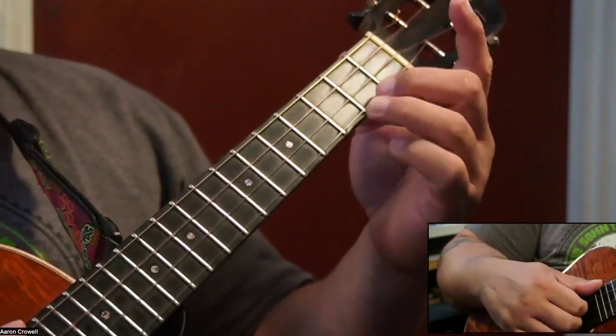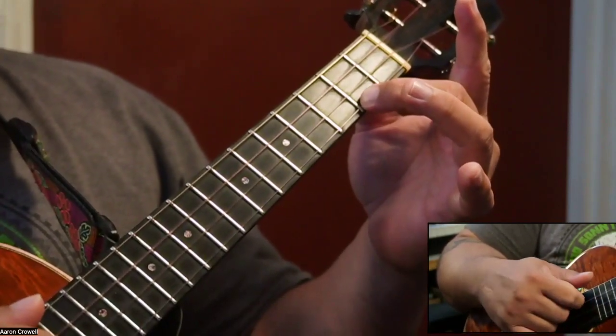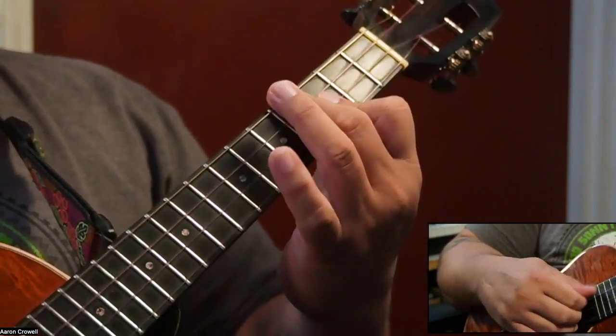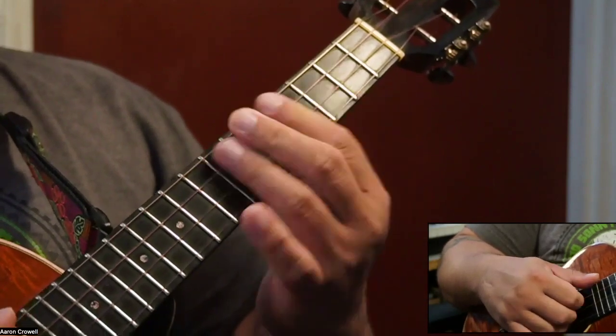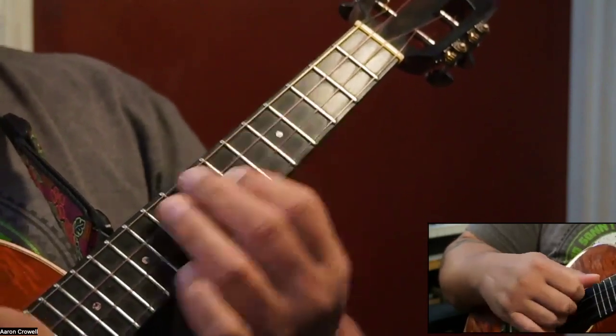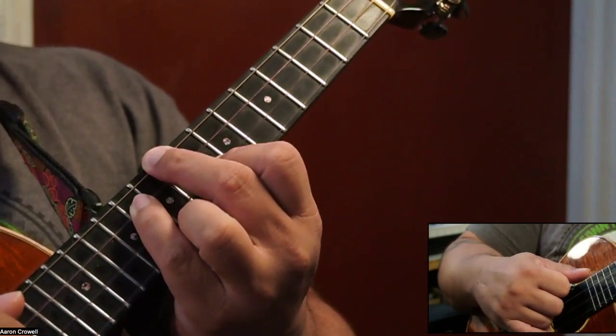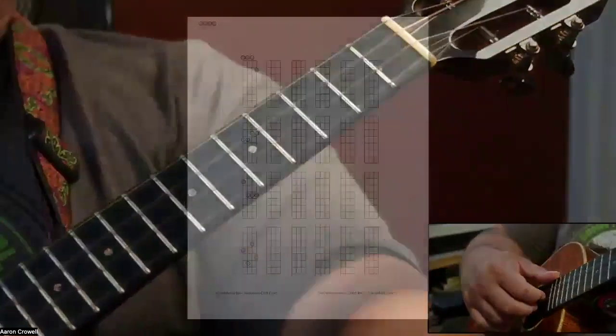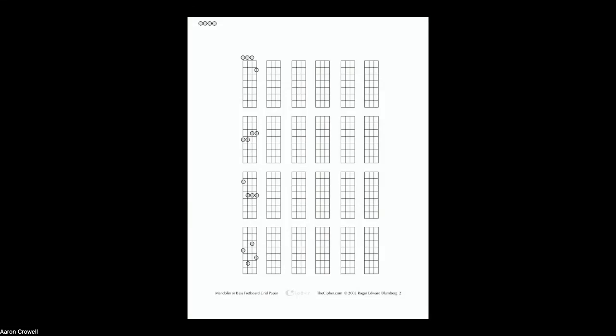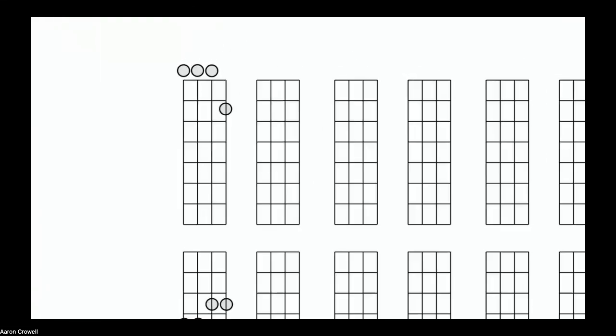Okay, root on 3, root on 1, root on 4, root on 2. Let's go ahead and notate that. Okay, so we're going to change the color of our roots.